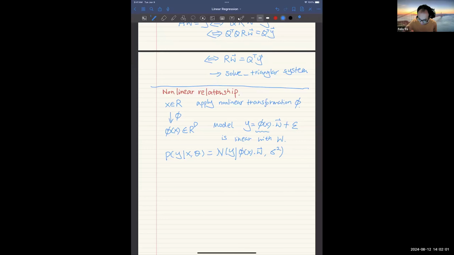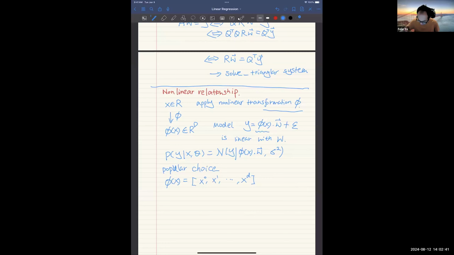But the question is what kind of phi we can apply. One very commonly used choice is polynomial expansion of degree d. So phi(x) is equal to x to the 0th, x to the 1st, up to x to the d.